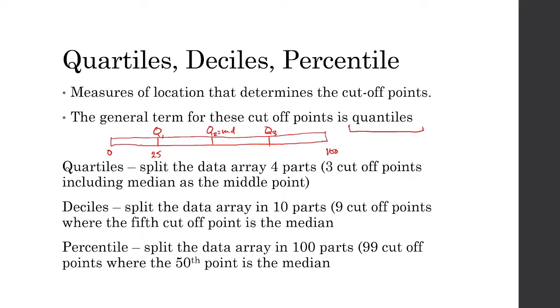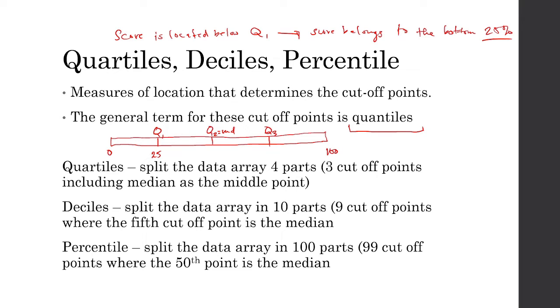Meaning, if your score is located below the first quartile or Q1, it just means that your score belongs to the bottom 25%. So that is how we look into these quartiles.